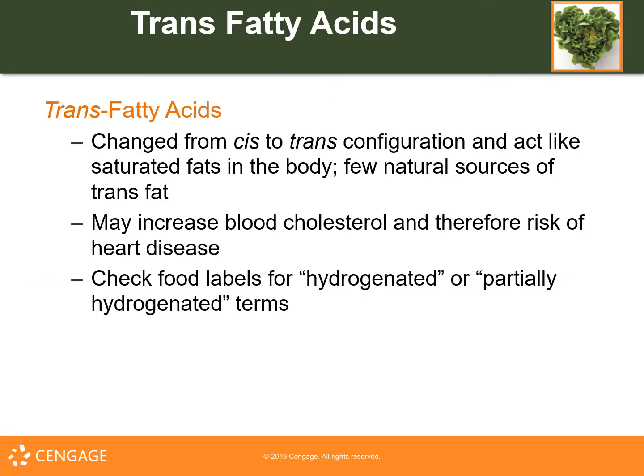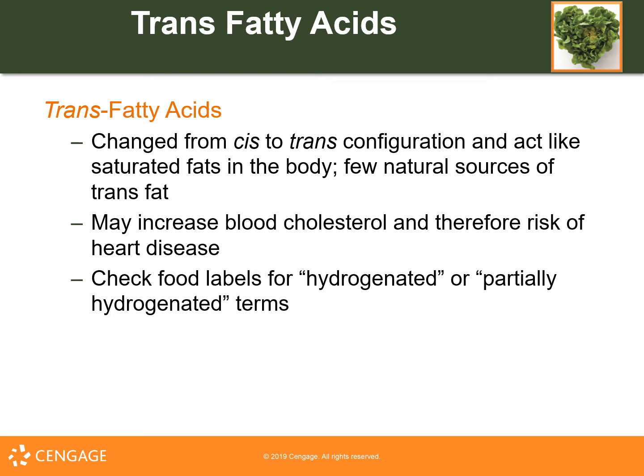In nature, most double bonds are cis, meaning the hydrogens next to the double bonds are on the same side of the carbon chain. In trans fatty acids, the hydrogens next to the double bonds are on opposite sides of the carbon chain. Trans fatty acids are changed from cis to trans configuration and act like saturated fats in the body.